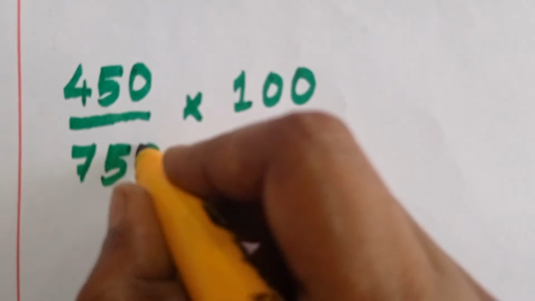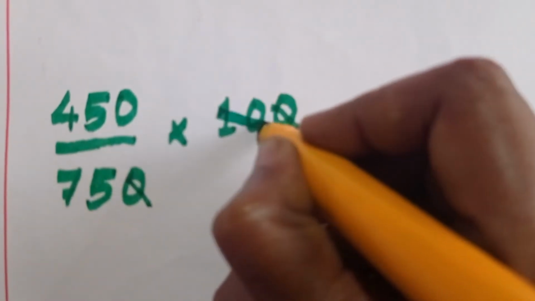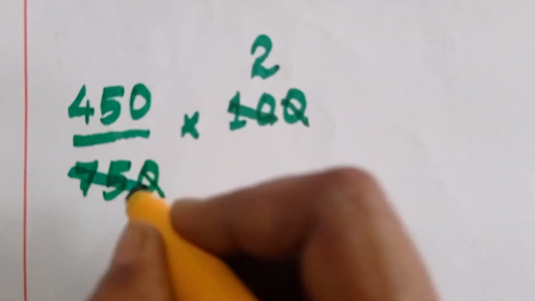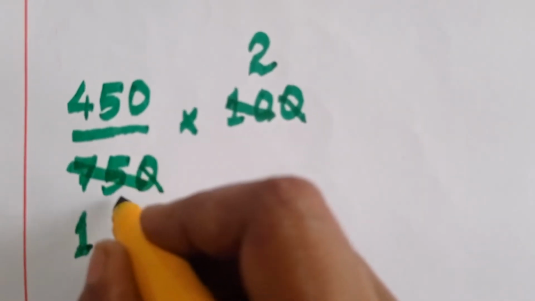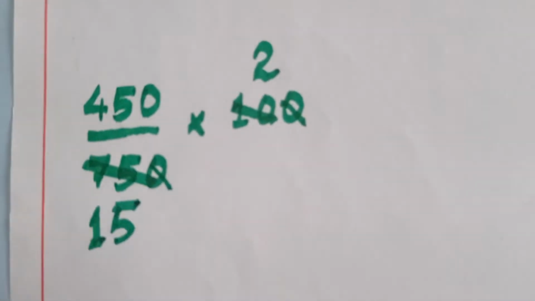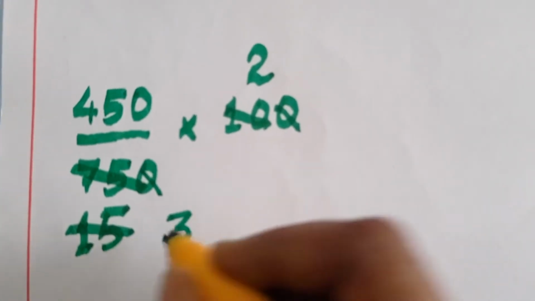Then cut the 0 here and the 0 here. 10 divided by 5, we get 2. 75 divided by 5 is 15. Again 15 divided by 5 is 3.